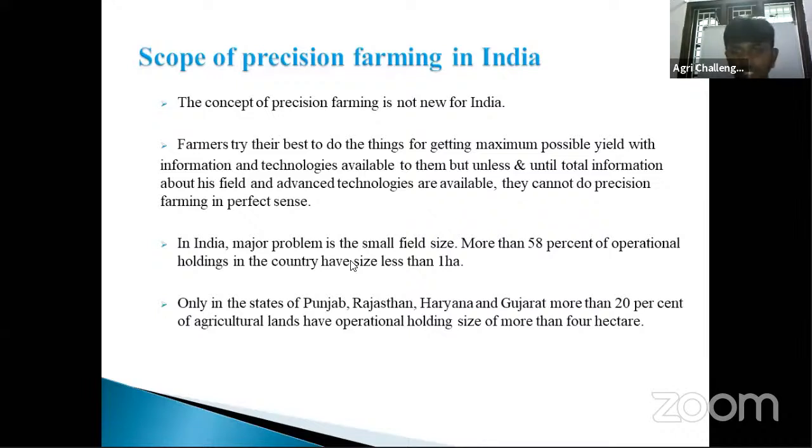Before that, can anybody tell me what is the total geographical area of India? Vignanika. Total geographical area of India. Vijay Lakshmi.